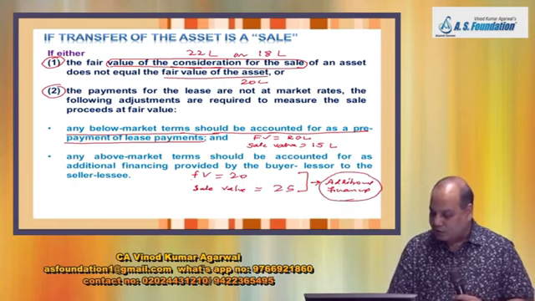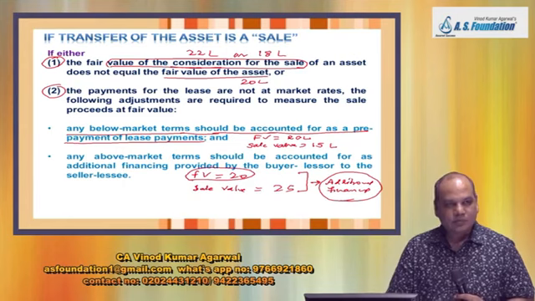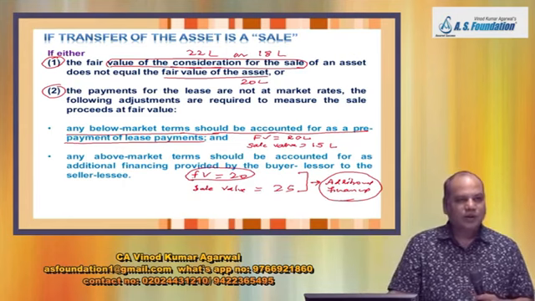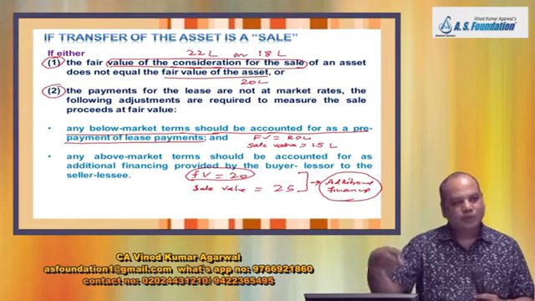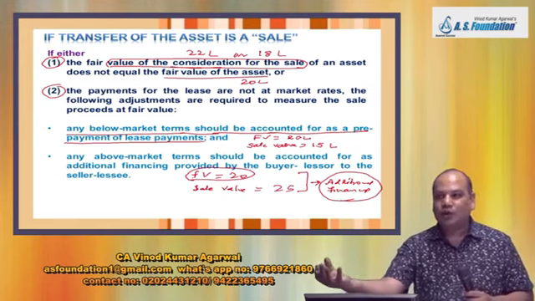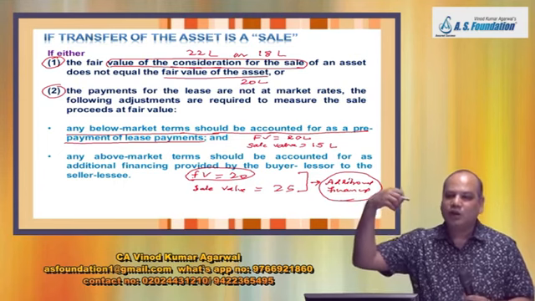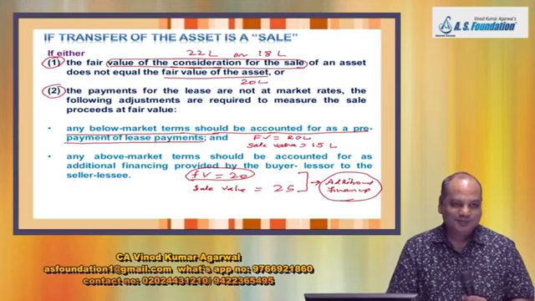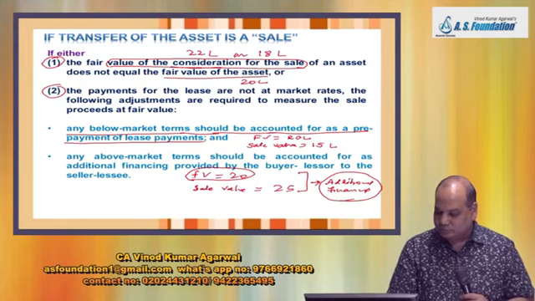He has given you finance for the asset whose fair value is 20 lakh. Fair value of the asset is 20 lakh. He gave you 20 lakh, but he gave you 25 lakh, which means 5 lakh you treat as if it is another loan. That 5 lakh is extra loan you can treat.